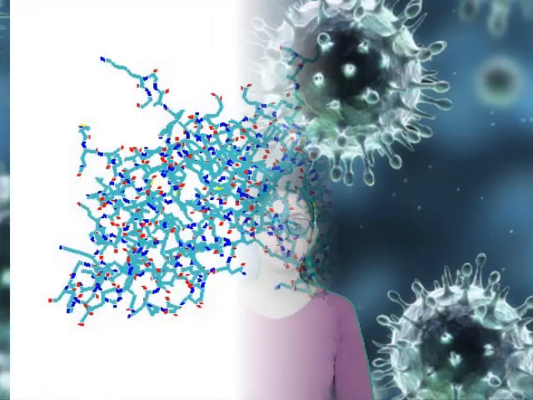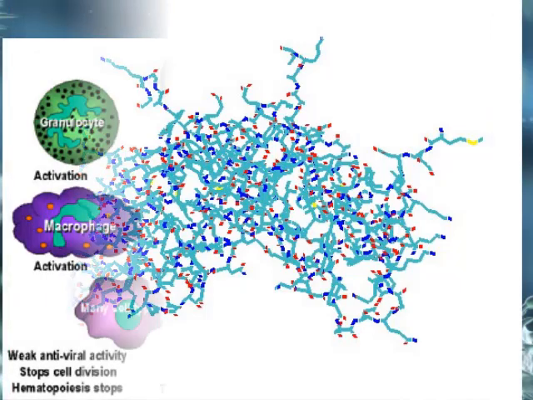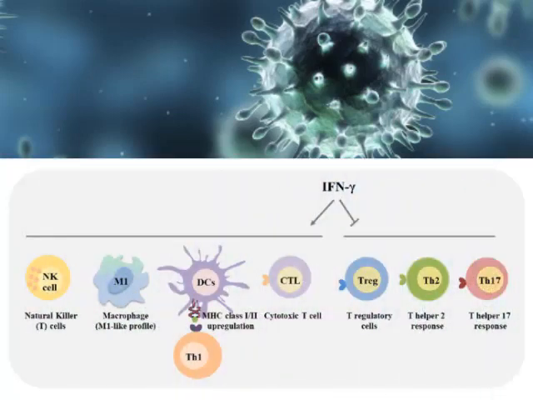And finally, we have the most important interferon, which is the gamma interferon, or better called immune interferon, which is produced by activated T lymphocytes. It's a glycoprotein, a dimer type 2.